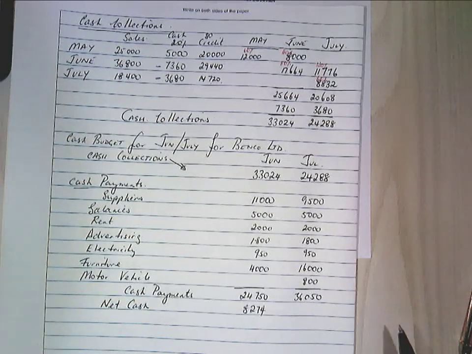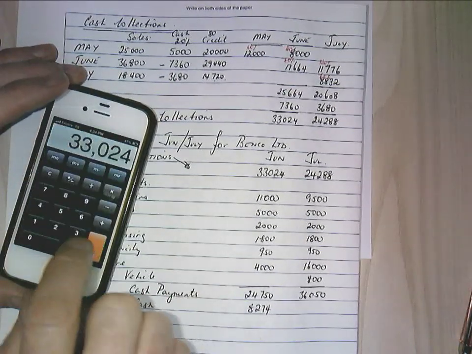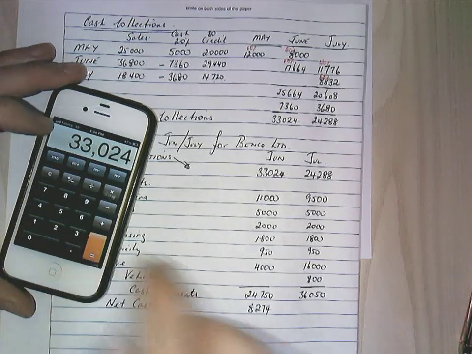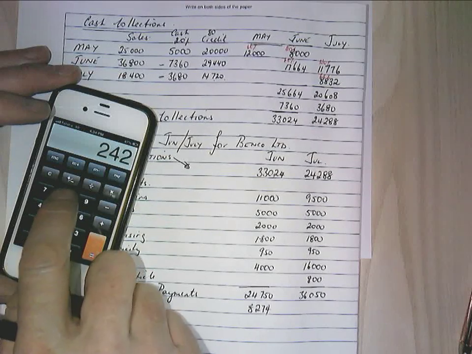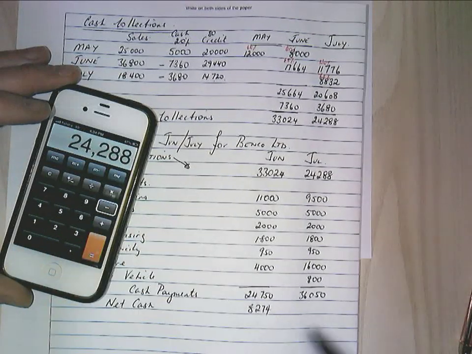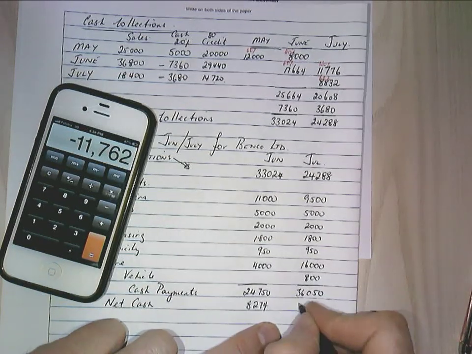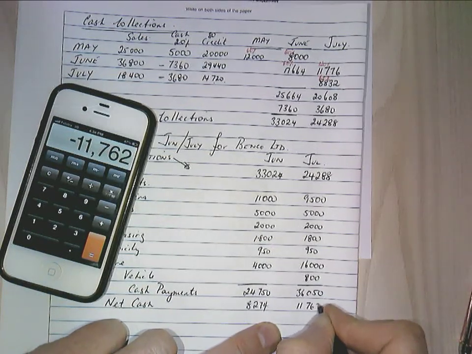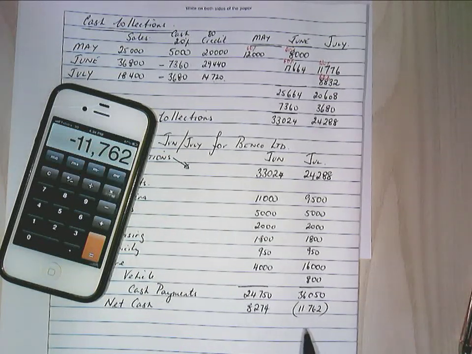And brain's not too good today. Resort to the calculator. So I've got 24,288 minus 36,050 equals 11,762. Now, because that's a negative figure, I realise that's cash outflow.